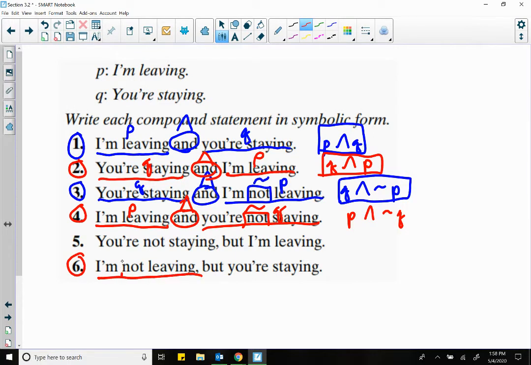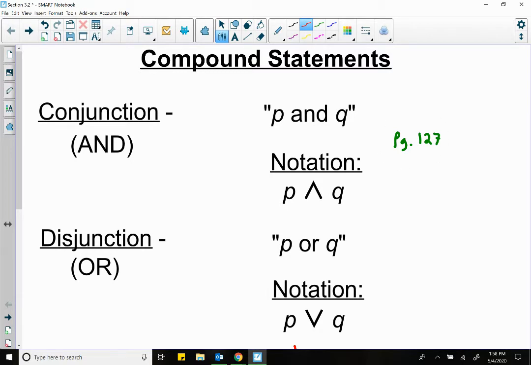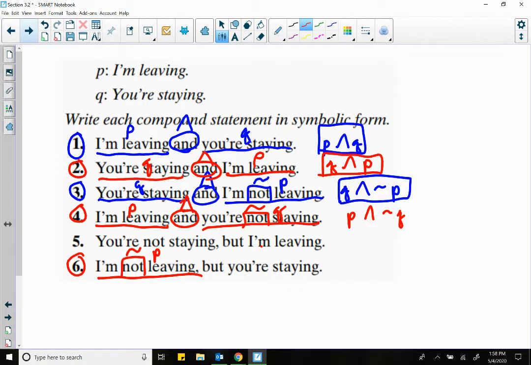Okay. And then down here on the final one, I'm not leaving. So the not, that's a negation. I'm leaving. That's P. Oh, there's a but. And this is where we were talking about those pages a second ago. On page 127, you can see that the word but is just another word for and. Okay? So if you see the word but, it really is and.